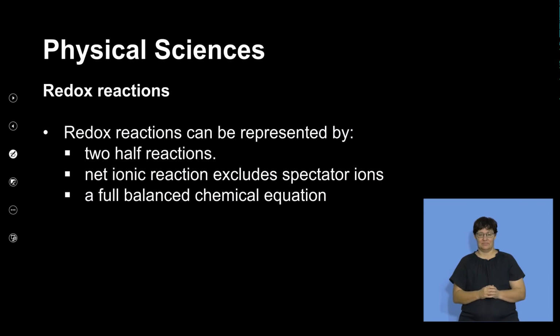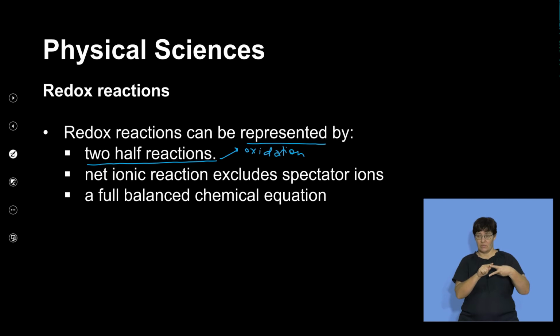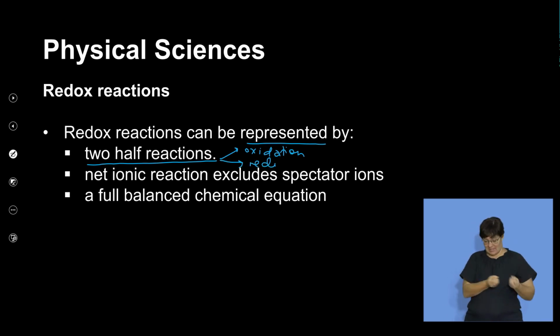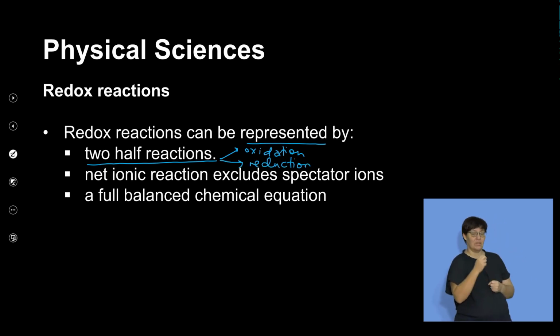At the back of our mind, we also need to remind ourselves of what is important in terms of representing these redox reactions. In representing redox reactions, we need to have two half reactions: the oxidation, which has to do with the loss of electrons, as well as the reduction. So we call these half reactions.